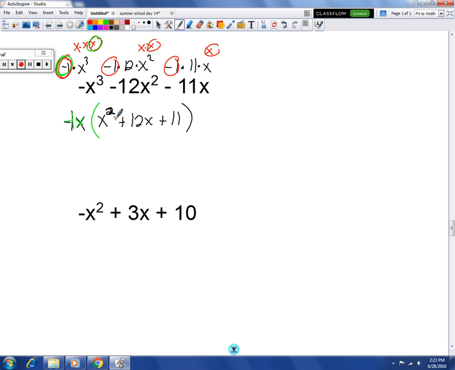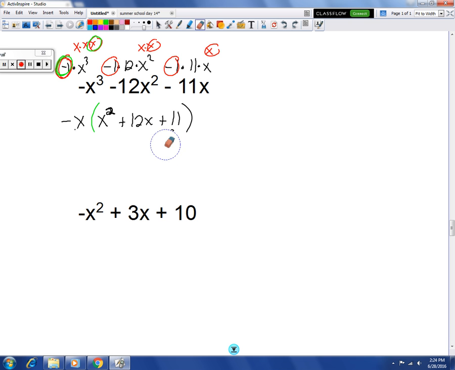And you can always verify and say, look, is this really right? Let's double check. Negative x times x squared is a negative x to the third. Negative x times a positive 12x is a negative 12x squared. And negative x times 11 is a negative 11x. And that's what we started with. So we verify we're good.